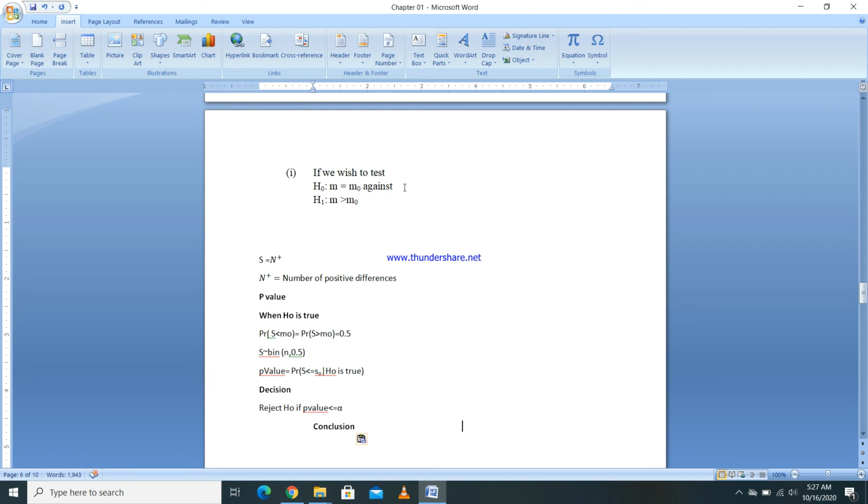When it comes to H naught, as I told you in the previous one, in this case also you can write down your H naught as m less than or equal to m naught, or you can keep it as m equal to m naught, whichever way you'd like. So first you have to write down the test statistic.